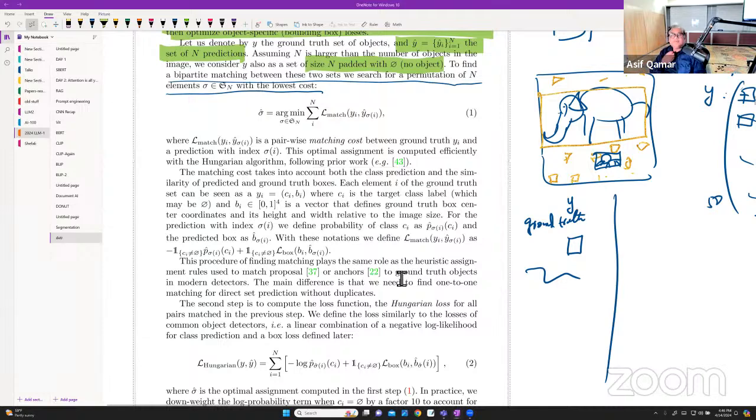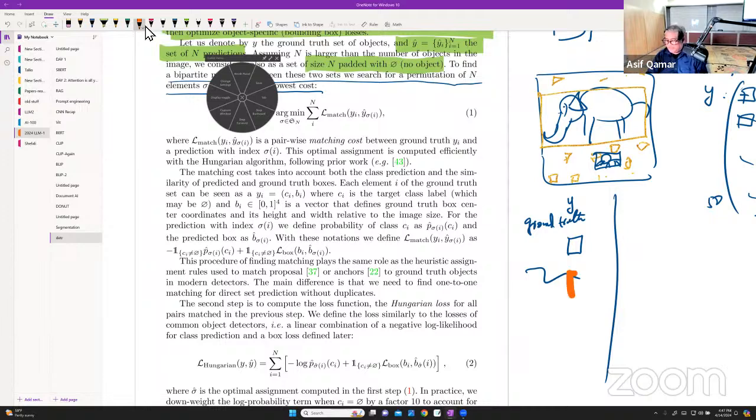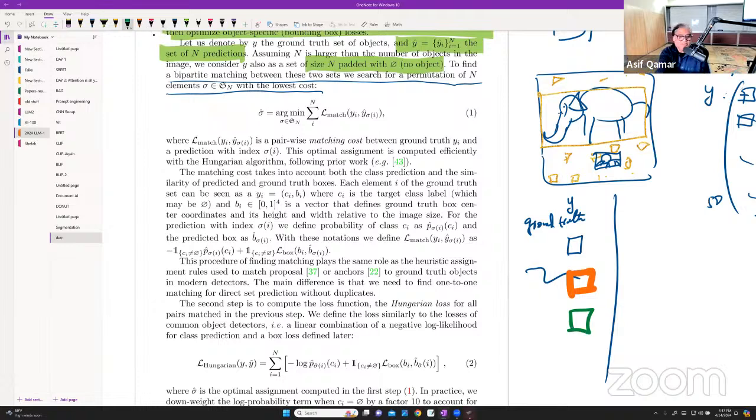All right, guys. So here's the thing. Let's say that you're supposed to find 4 boxes. Now, the ground truth boxes could be this, it could be this, and it could be, let's take another color, 4 boxes. Their locations are there.